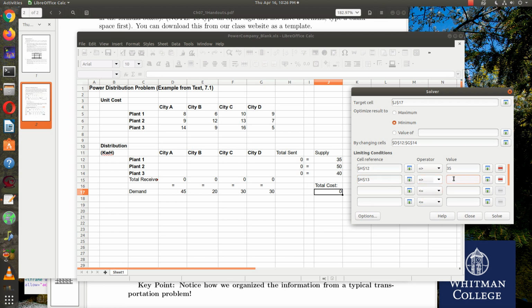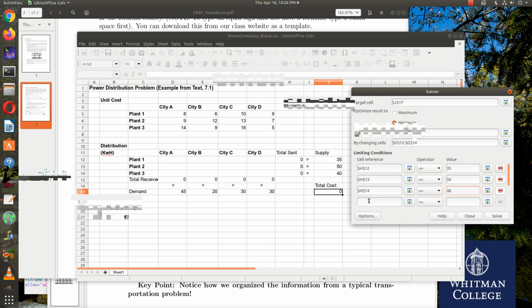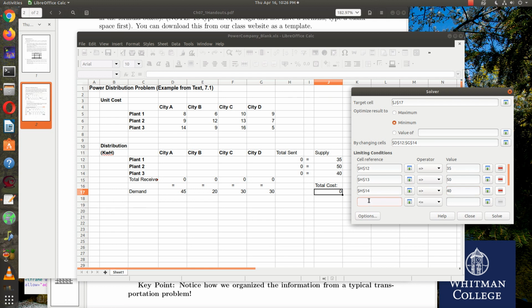That was 50. Then H14 greater than or equal to 40. And then we come into our demands.